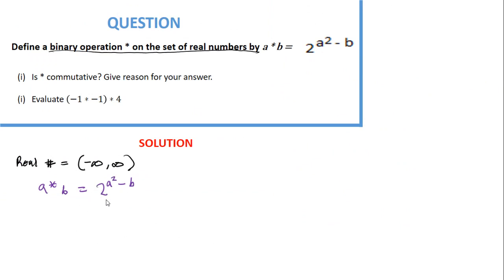Remember, for the binary operation to be commutative, a star b should be equal to b star a.